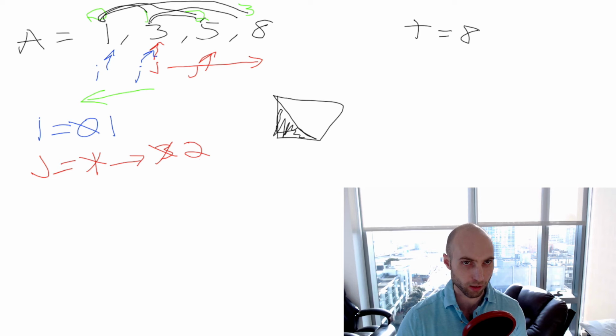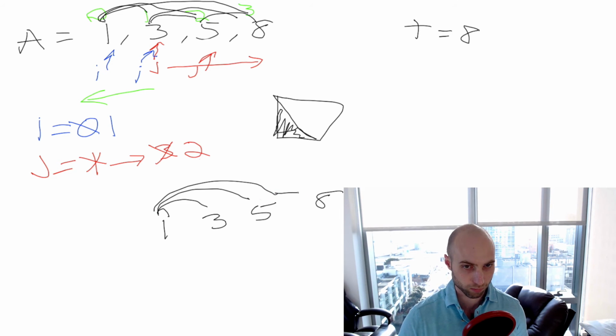Then we're comparing 5 to 8. Whereas before we were doing 1, 3, 5, 8. We compared 1 to itself, and we compared it there, and there, and there. And then when we were at the 3, we compared that way. We compared 3 to itself. We did every single possible comparison.